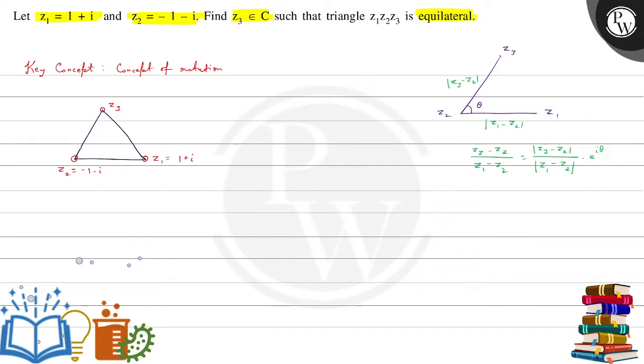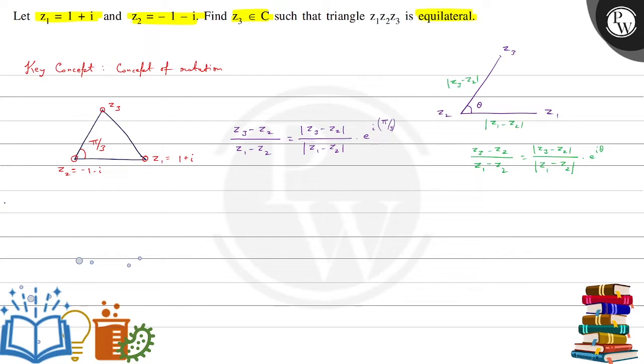Definitely you know that in an equilateral triangle this angle will be 60 डिग्री, मतलब हर इंटरनल एंगल 60 डिग्रीज होता है, मतलब पाई बाई 3 रेडियंस. तो कॉन्सेप्ट ऑफ रोटेशन को अगर हम अप्लाई करते हैं, we can clearly see that z3 minus z2 divided by z1 minus z2 will be equal to modulus of z3 minus z2 divided by modulus of z1 minus z2 multiplied by e to the power iota times pi by 3.